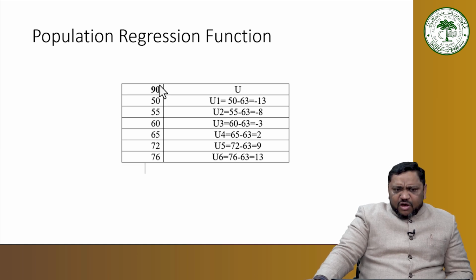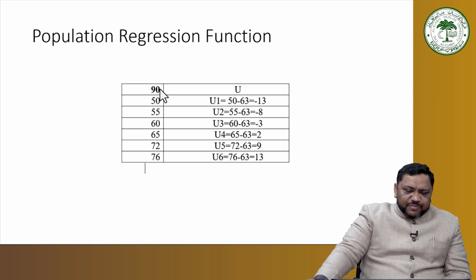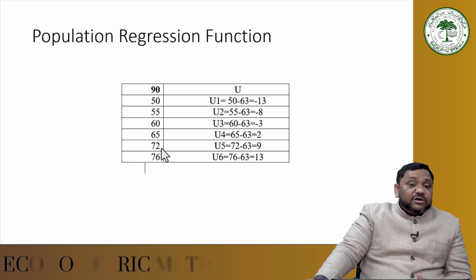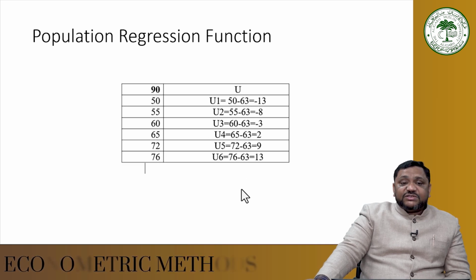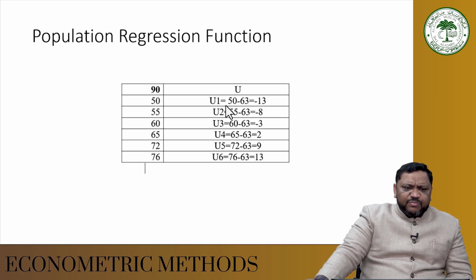Now we take one of the income groups. We have just taken the income group 90, and we have the data for the consumption for this monthly income. The monthly consumption expenditures are 50, 55, 60, 65, 72 and 76, and if we recall, the conditional mean value was 63. We are calculating the error, just for this one sample, the monthly income 90 group.